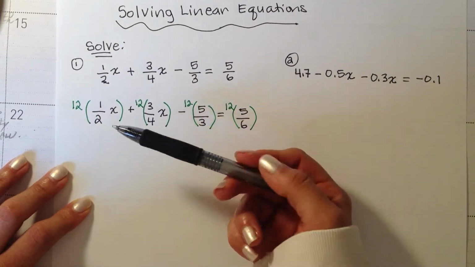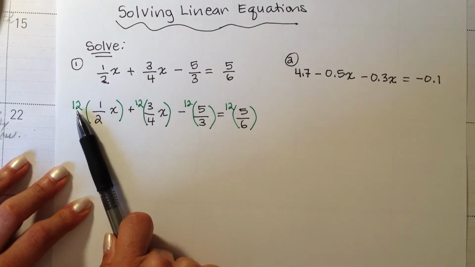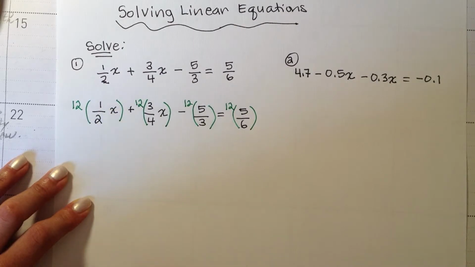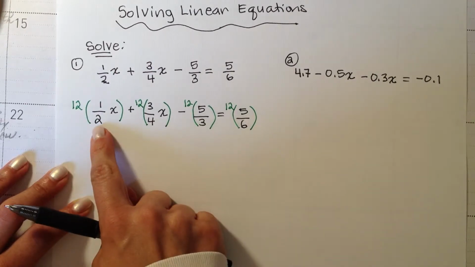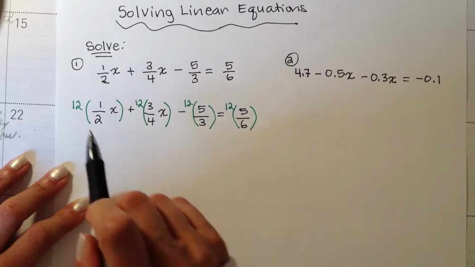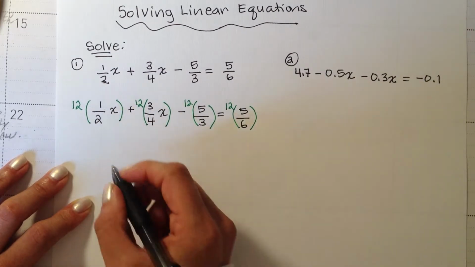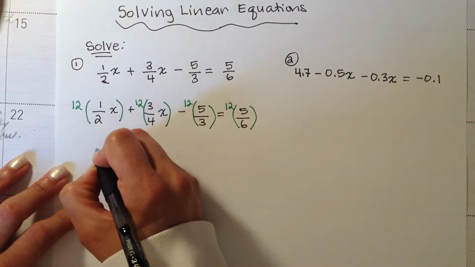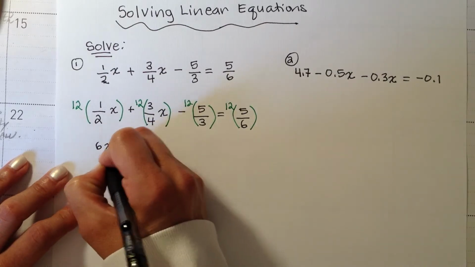You can think of this two ways. We can multiply through, 12 times 1, we get 12 over 2, which reduces to 6, or you can just reduce the 2 and the 12, which gives us 6 times 1, which gives us 6x. So the first part simplifies to 6x.